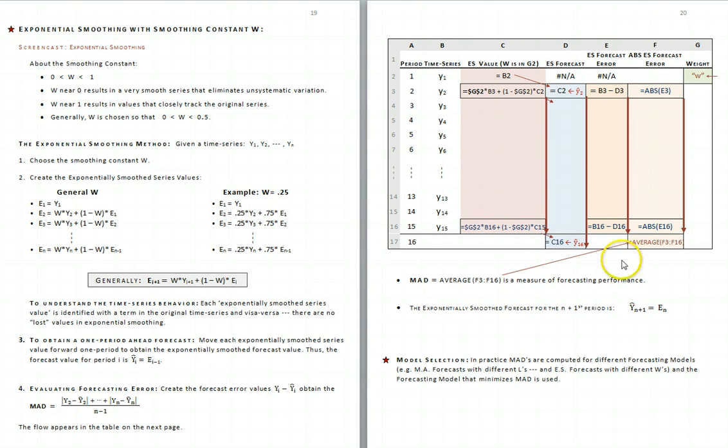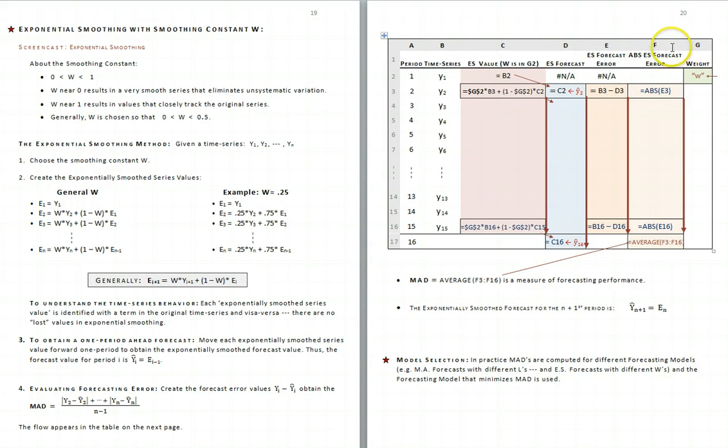So, the exponentially smoothed forecast for period 16 is just the exponentially smooth series value obtained for period 15. The exponentially smooth forecast error is computed as with moving averages as the difference between the actual series values and the forecast series values.